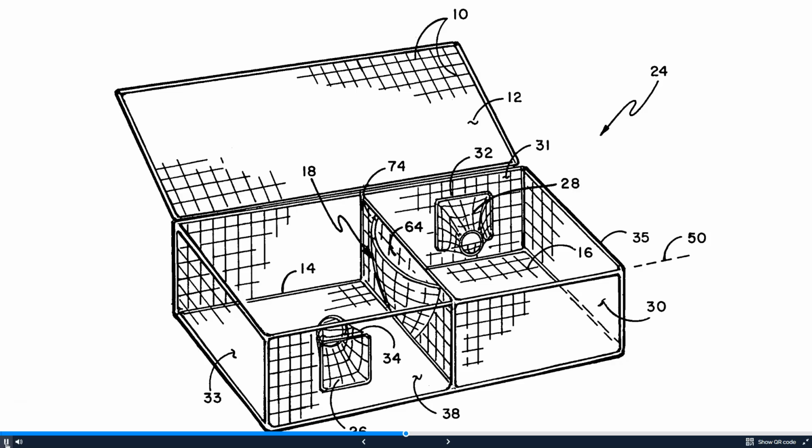The only way to get into the trap is through the funnel-like shaped openings, one on either side of the trap. The outside opening is big and it narrows down, so the lobster has to crawl through that funnel-like shape to get into the trap, and then it can't get back out the other way.